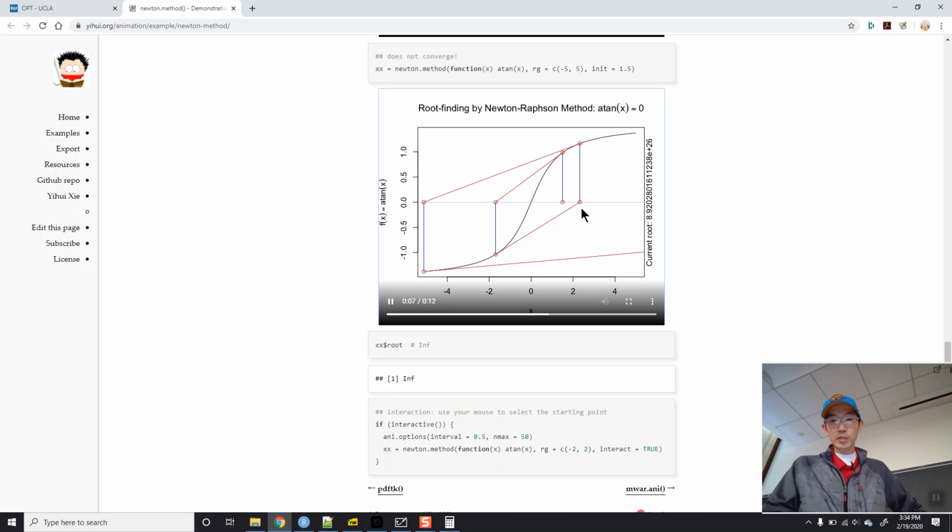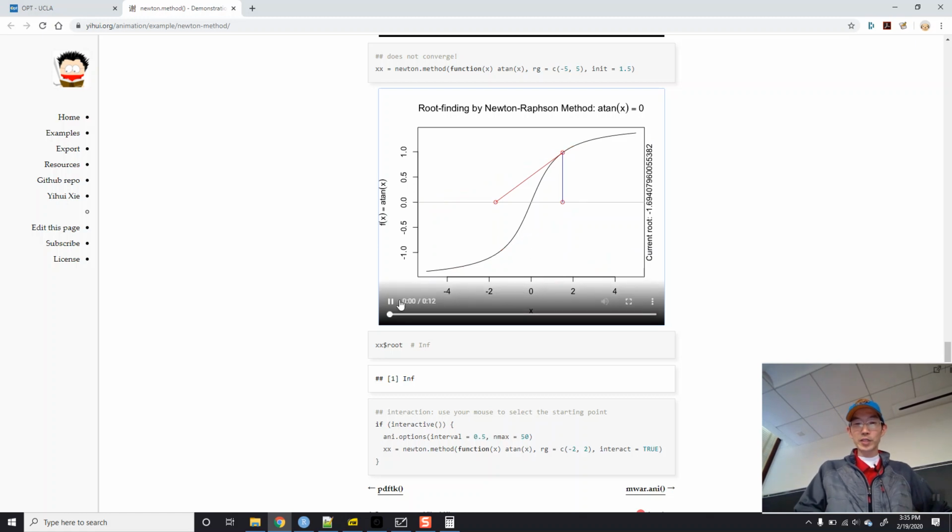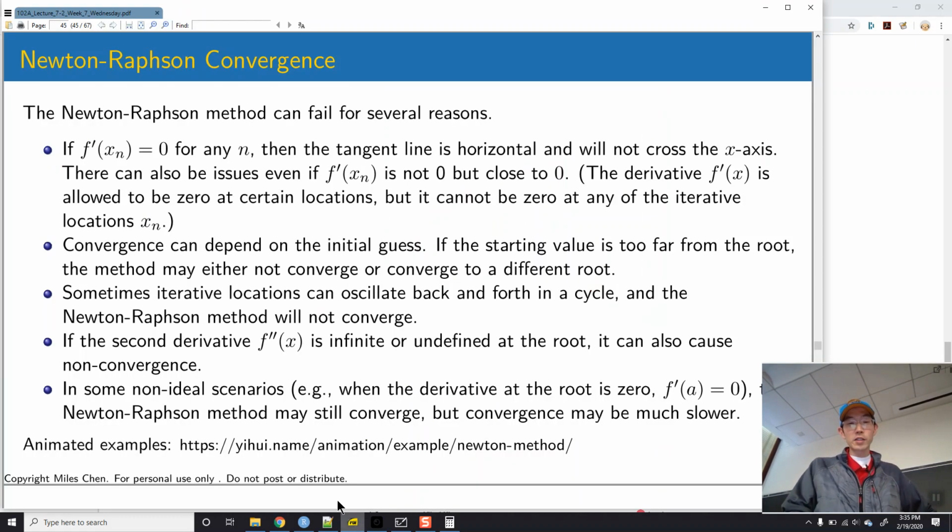It starts here and takes the derivative, or the tangent line. It comes down here, and when you take the tangent line, you end up even farther away. So you're going back and forth, and you keep ending up farther and farther from the root. Sometimes that can happen. There's no guarantee from Newton-Raphson that it's going to converge.